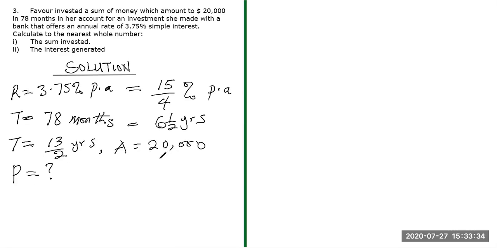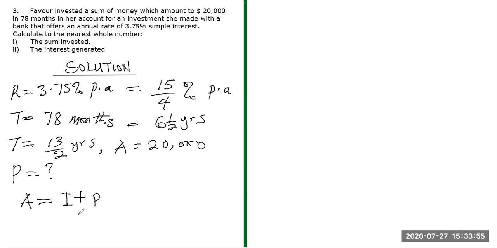Okay, so let's read with understanding. In 78 months, in her account and all that, so we say the rate is 3.75 simple interest per annum, the sum invested. So when I say our amount is equal to I plus P, all right? That is our formula for amount.